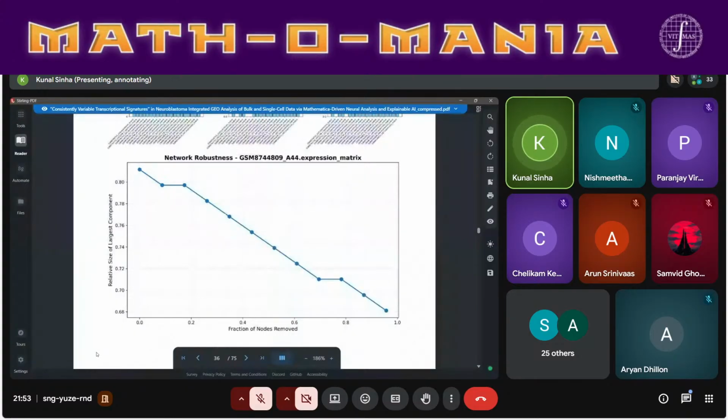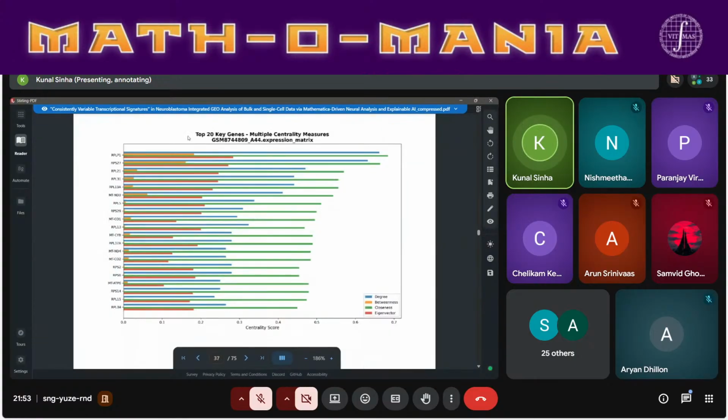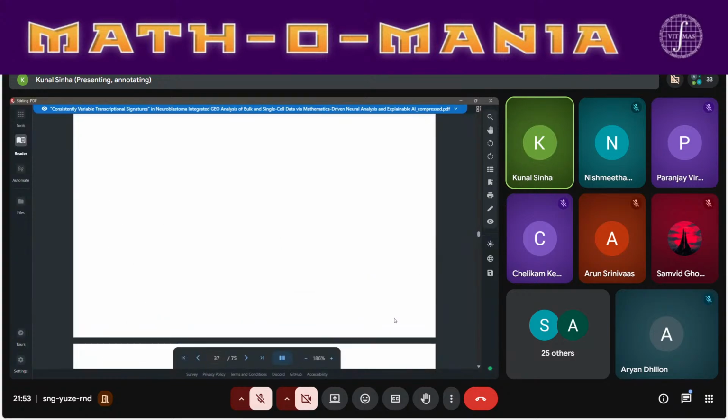If you start removing nodes, like 20%, 30%, 40%, 50%, 60%, what is the relative size of the largest community compared to the other nodes? And these are the different metrics that we got for different genes: degree, betweenness, closeness, eigenvector.